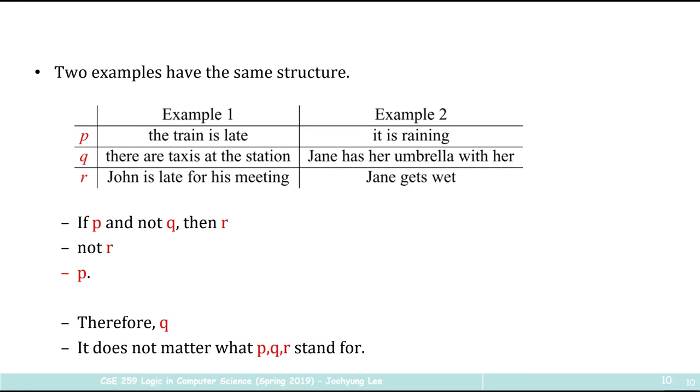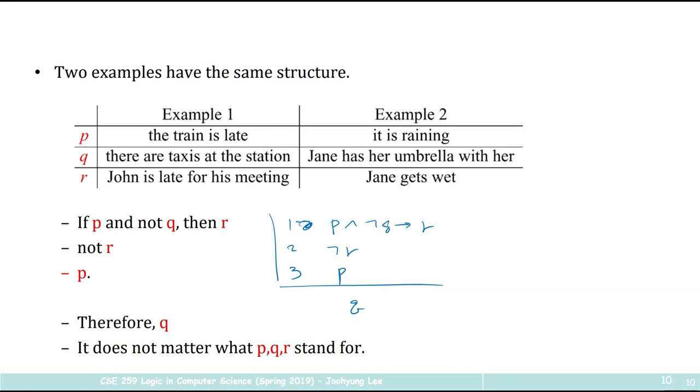And once you write this in English, you get this sentence, and then basically you can also write this this way, right? So we just change the symbols.